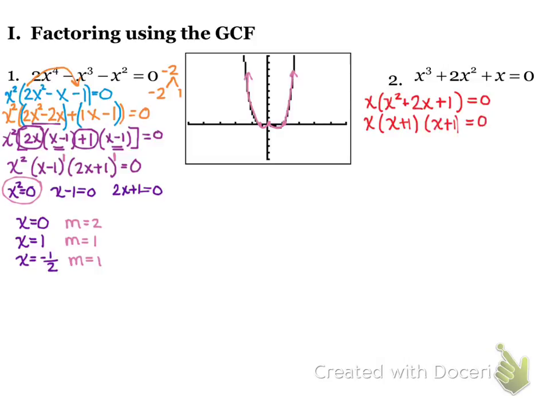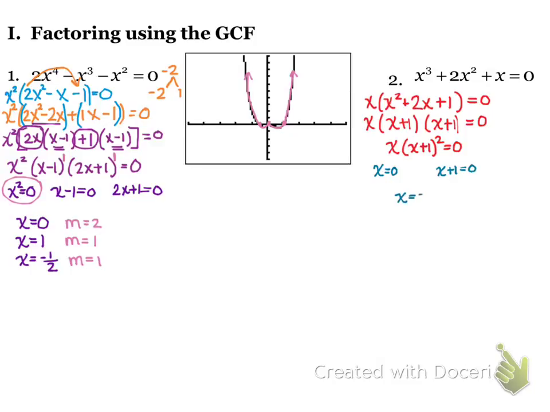Now we can rewrite this, and it's important that we do so we can see that multiplicity, that x plus 1 is going to have a multiplicity of 2. So the zero product property states that we can set each of these equal to 0, and we have x equals 0 and x plus 1 equal to 0.